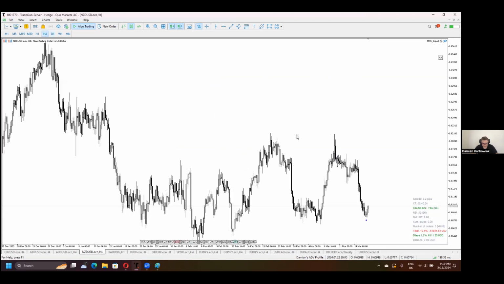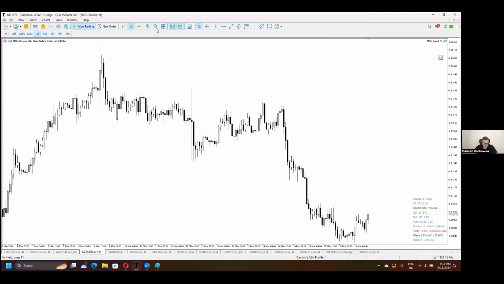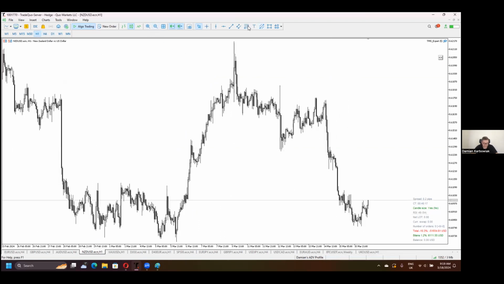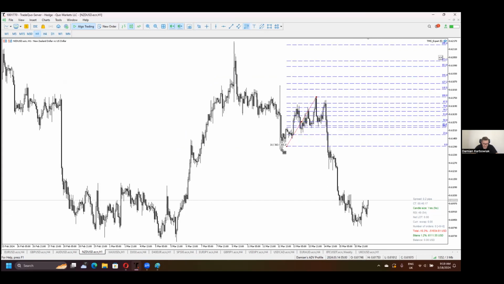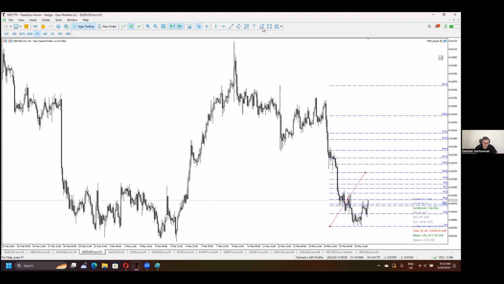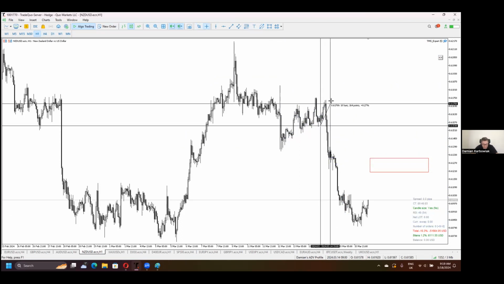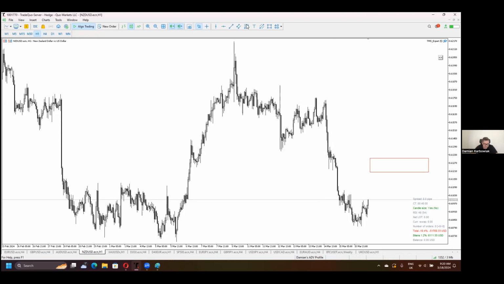However, let's check what happened in the last movement. I guess there is no overbalance here. This is the biggest correction. So to the 1-to-1 zone, it's few more pips. Boom. Let's check the last movement. Here was the biggest correction, I guess.